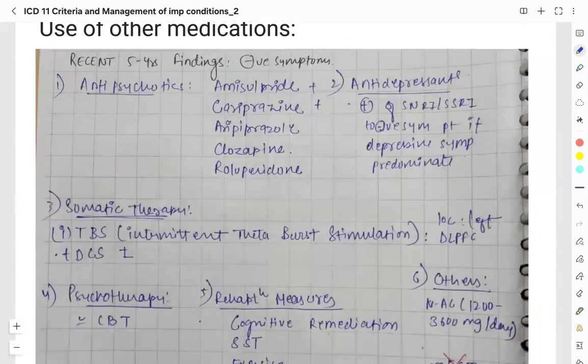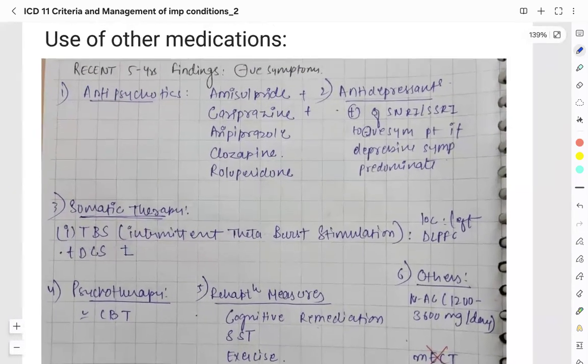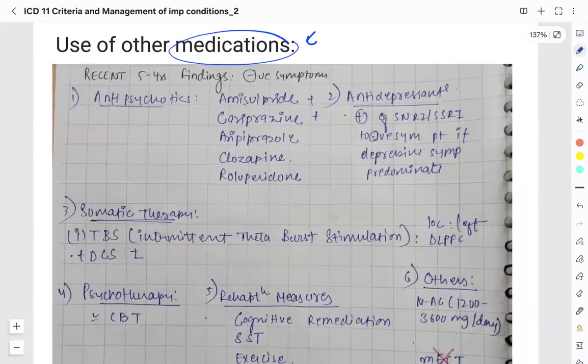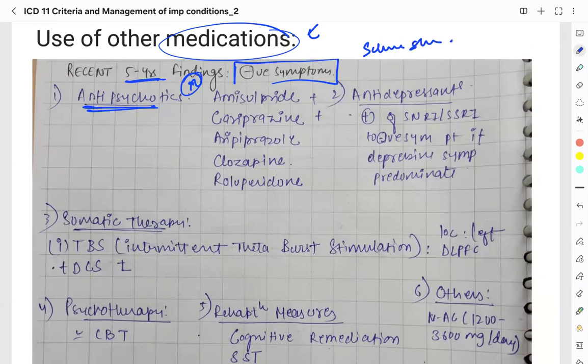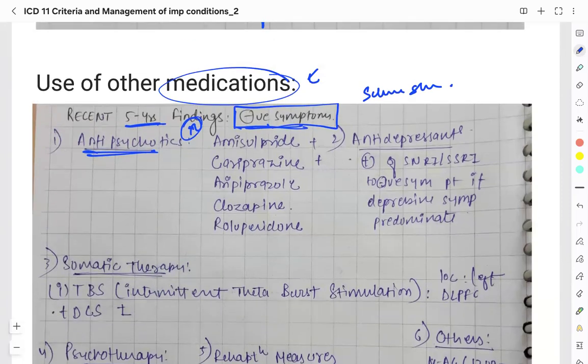Okay, next thing. Use of other medications in case of schizophrenia. This is from 5-year findings in schizophrenia studies with negative symptoms. If a patient comes to you with predominantly negative symptoms, what are the antipsychotics that have proven to be very effective?